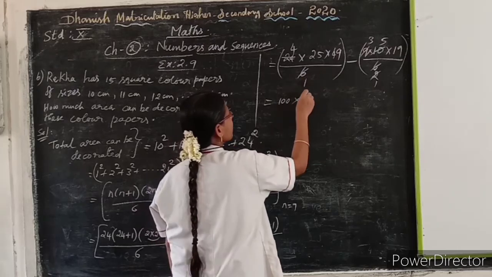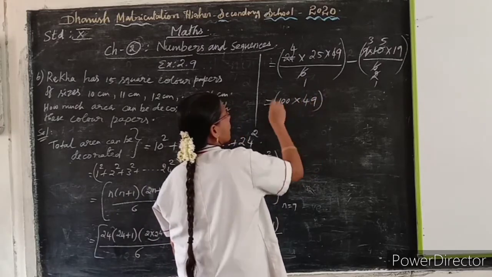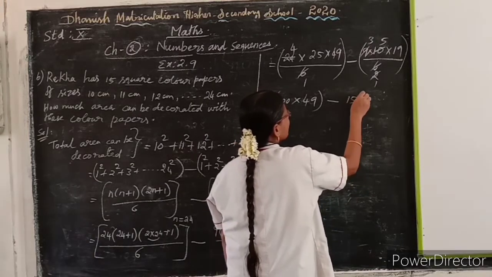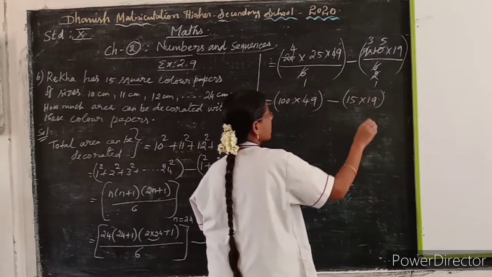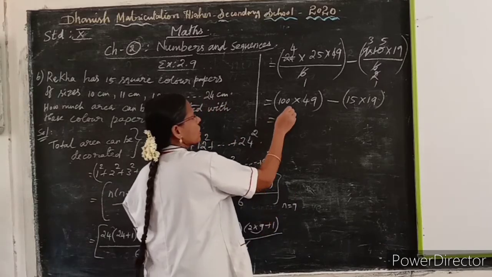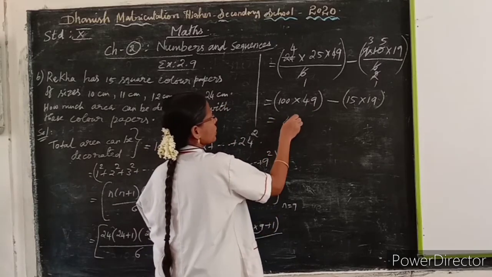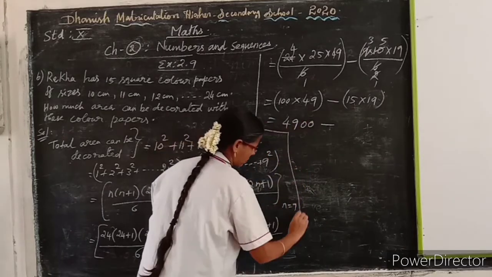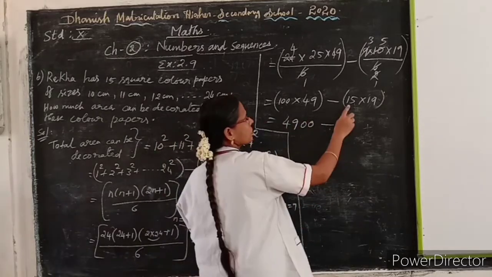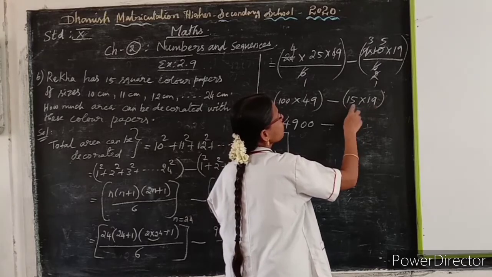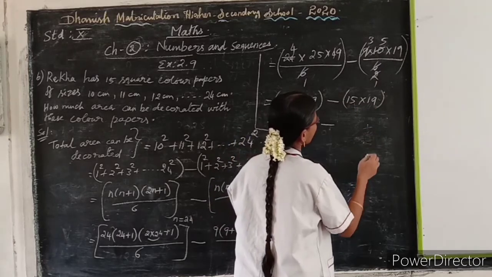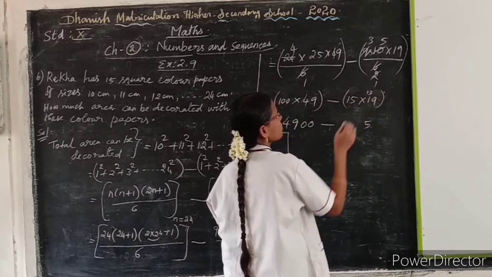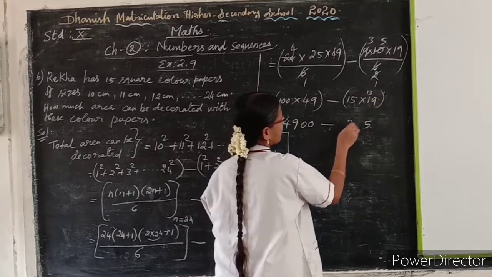100 into 49 minus 15 into 19. 100 into 49 is 4900, add the 2 zeros. 15 into 19: 15 9s are 135, 15 plus 135... gives 285.